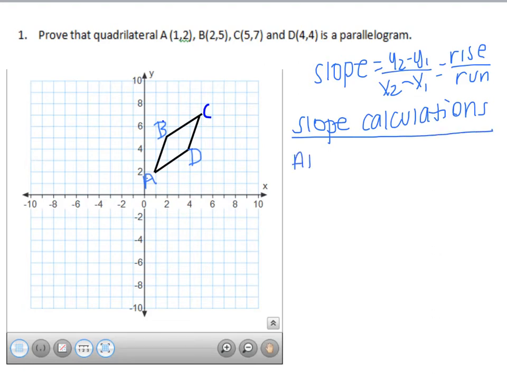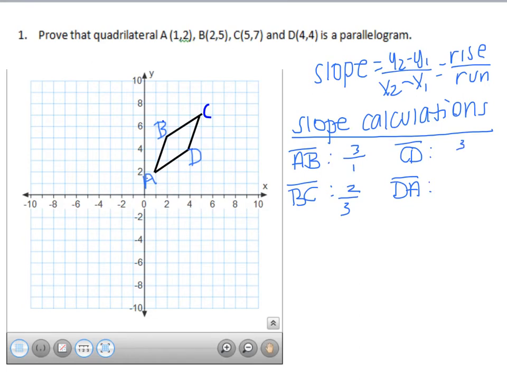So parallelogram with slope 4 times, so I'm going to find the slope of all 4 sides. Okay, and I'm just going to use rise over run for mine. So the slope of AB, it's going up 3 over 1. BC is going up 2 over 3.